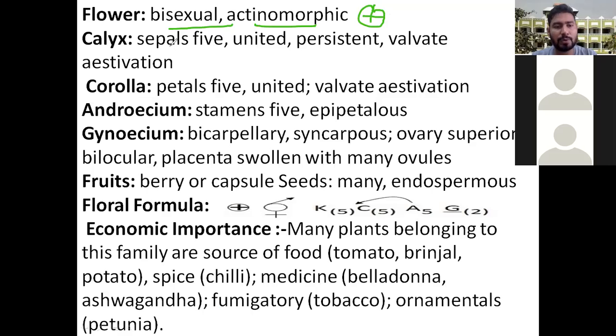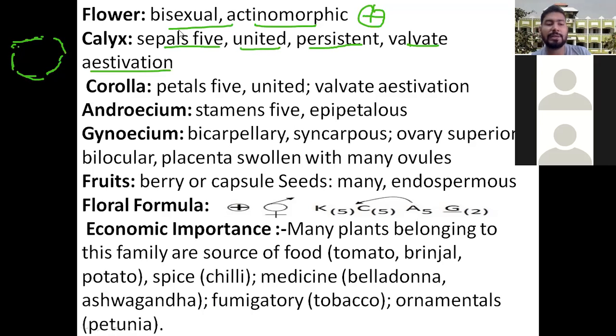Sepals 5, means pentasepalous, gamosepalous, persistent means sepals persistent, okay, and valvate aestivation is there. Valvate means everyone forms a ring-like structure, each in a particular direction, and they are united with each other, so that is called the valvate aestivation.